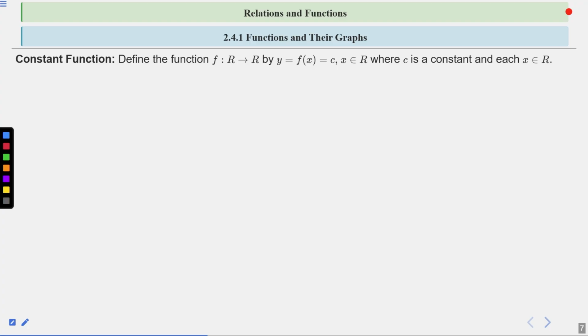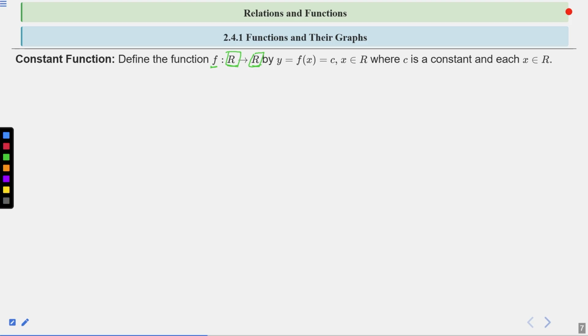Now, constant function. So, a function f defined from R to R. This R is its domain. This R is its codomain. Clear?